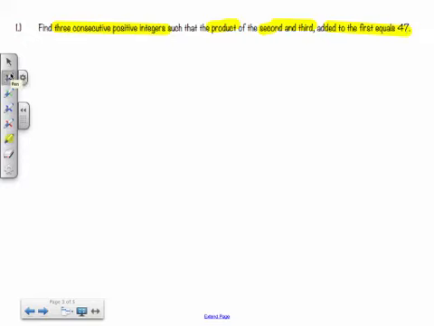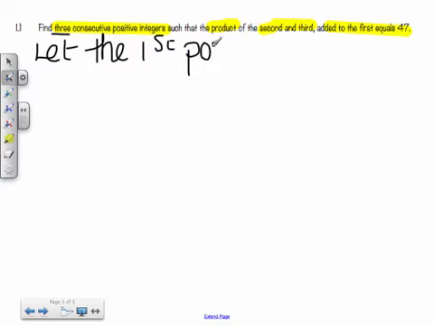So I have 3 consecutive integers, which means that I need to write out 3 let statements. So I'm going to say let the first positive consecutive integer equal x. Now, it doesn't say that they're even or odd, so my next one is going to be nice and easy.